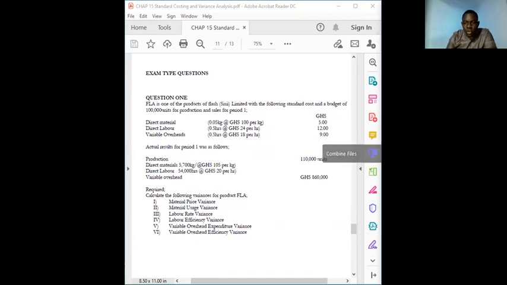Okay, good. The next thing for us to compute is our material usage variance.